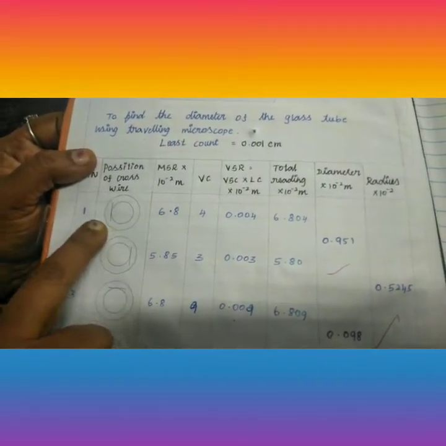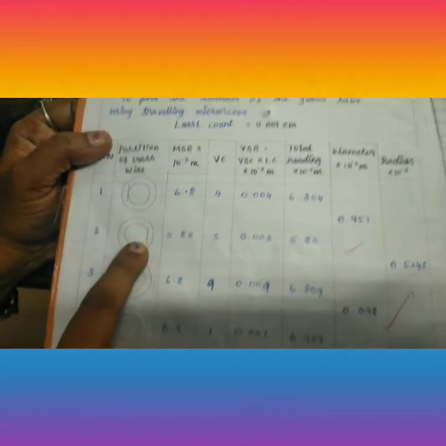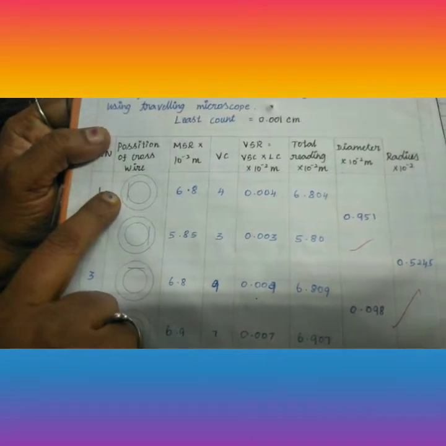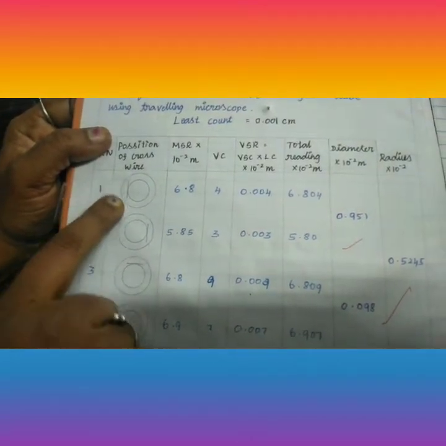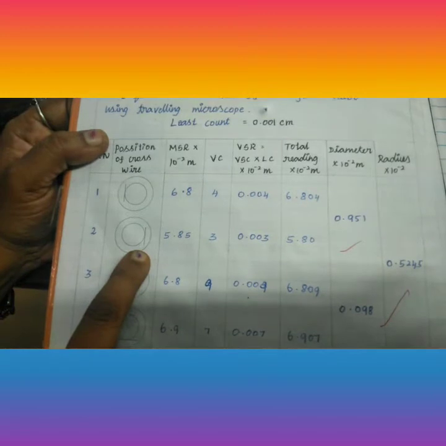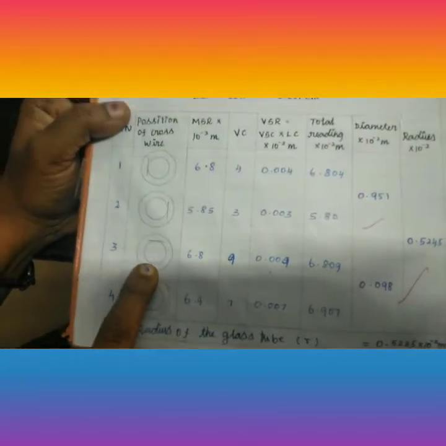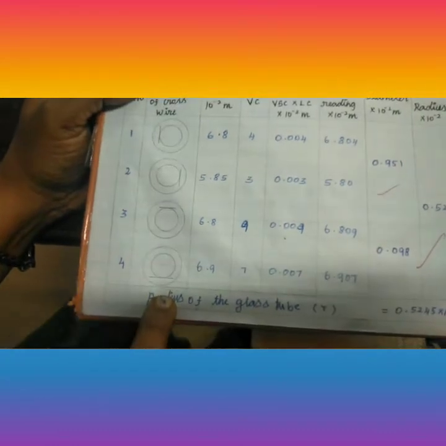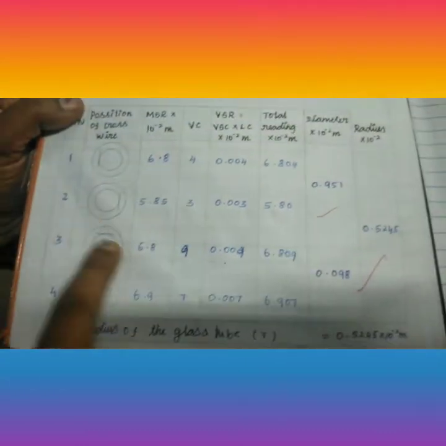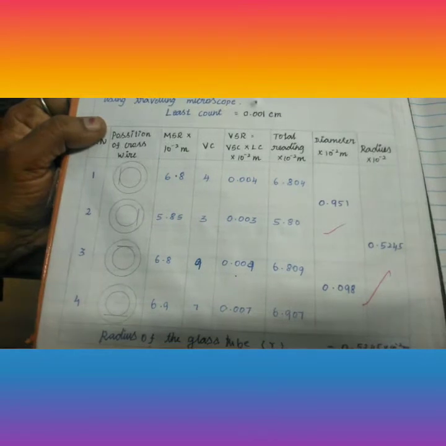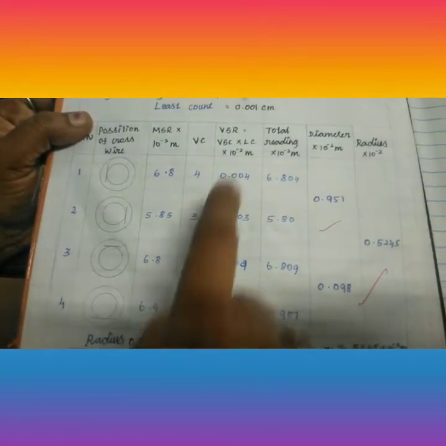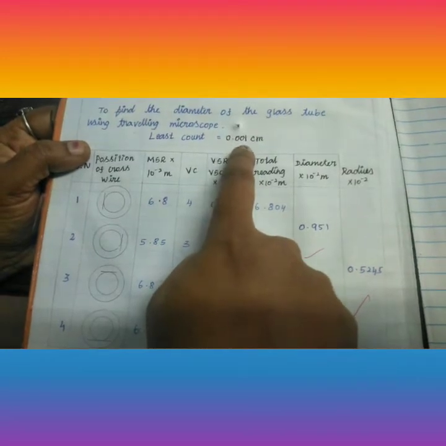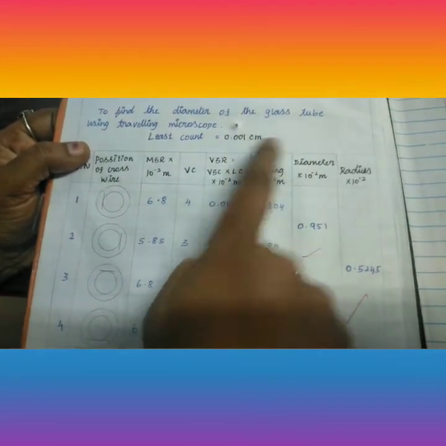In the first figure the cross wire is in the left position, in the second figure it is in the right position, in the third figure it is in the top position, and in the fourth figure it is in the bottom position. You should know the least count value for the traveling microscope. It is 0.001 centimeter or 0.001 into 10 power minus 2 meter.